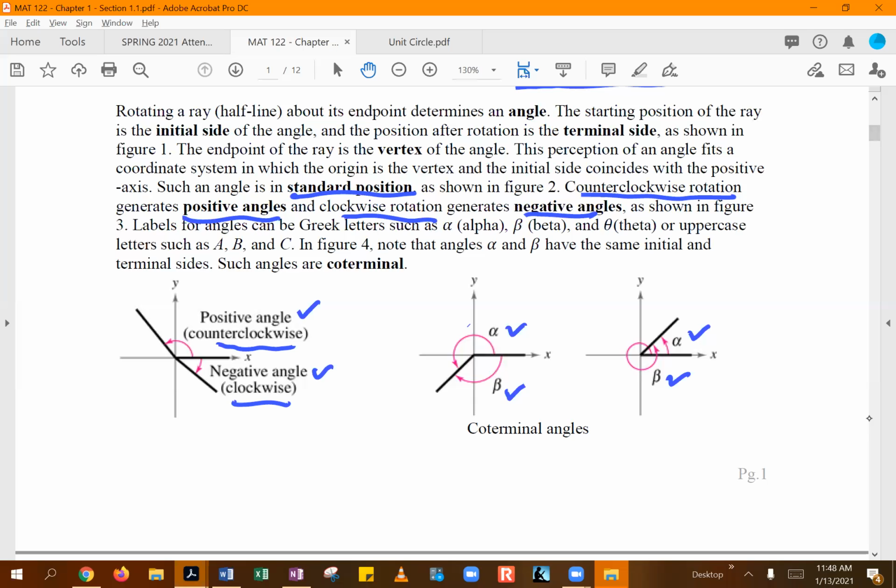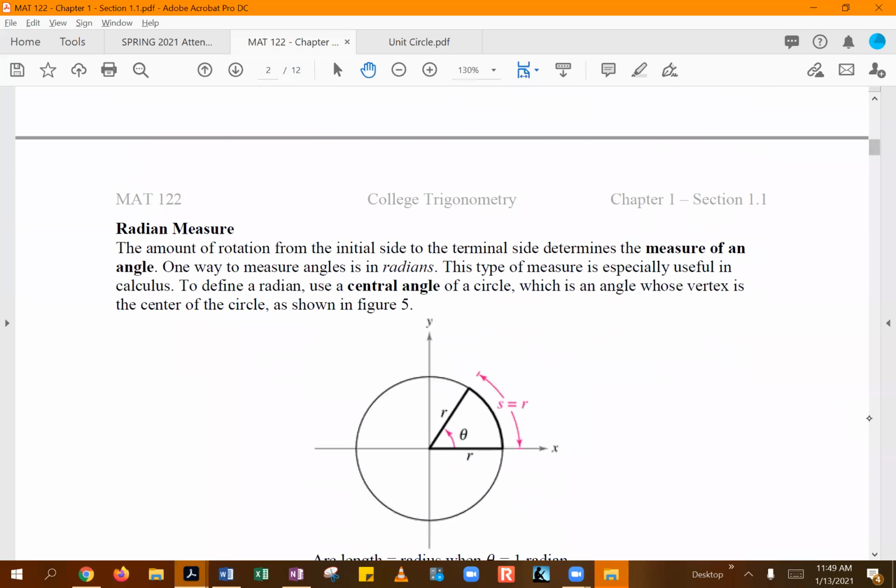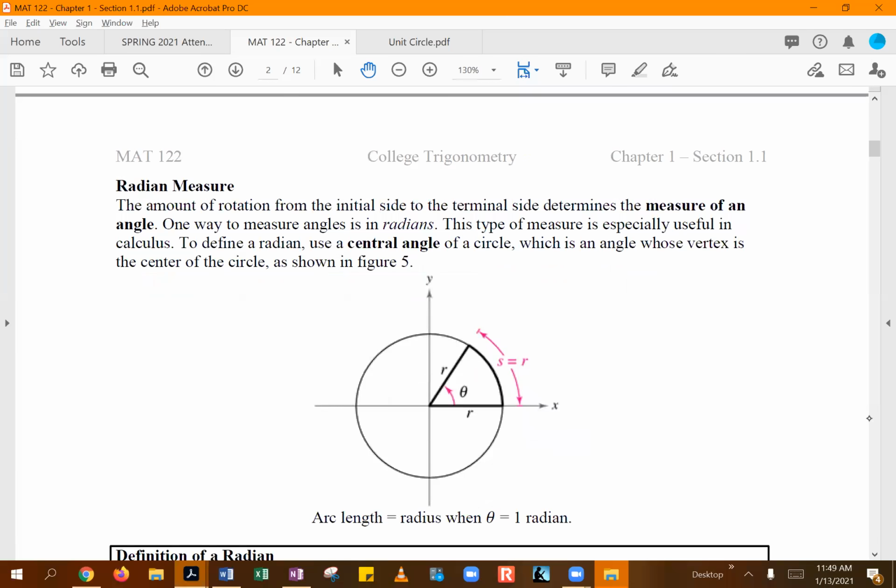So you can either go in the opposite direction and get an angle beta, which will be a negative value, or you can make a full complete rotation and still come up with a coterminal angle. So just two different ways of how you can define those. And we'll do some examples on that here just in a minute.